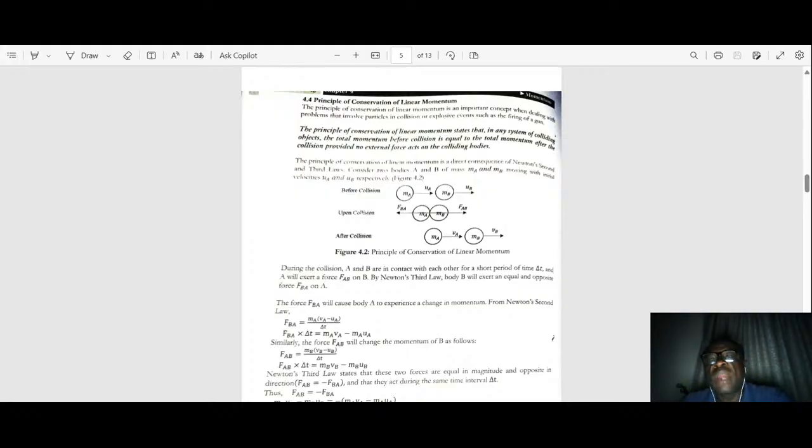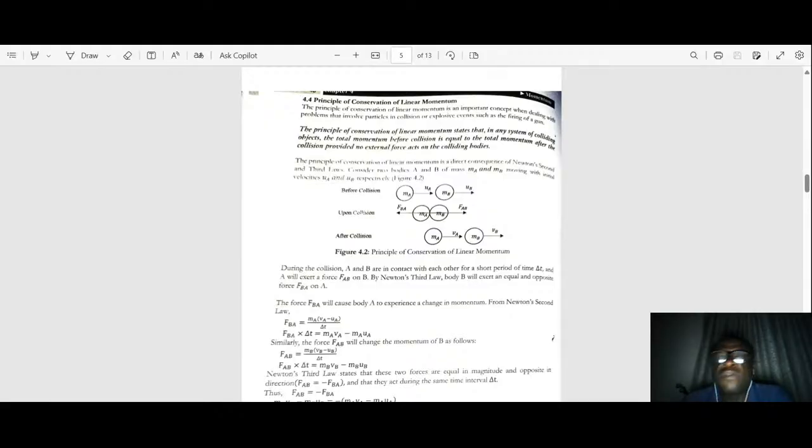If you have two colliding bodies, we have two types of collision: the elastic collision and the inelastic collision. If momentum and kinetic energy are conserved, then we talk about elastic collision.